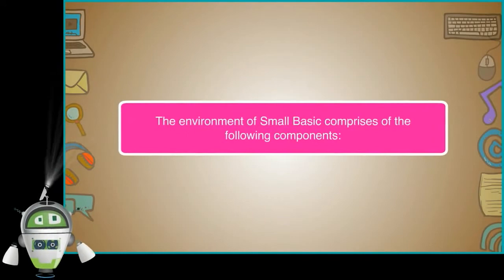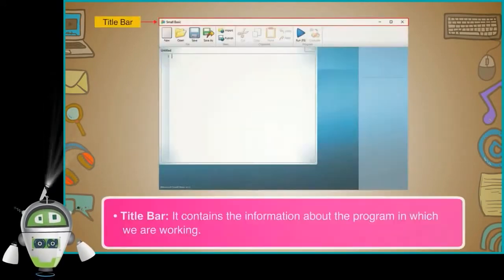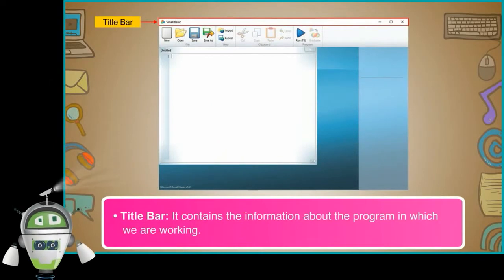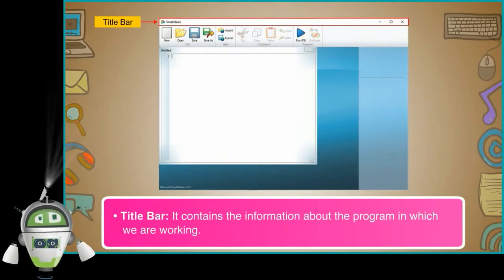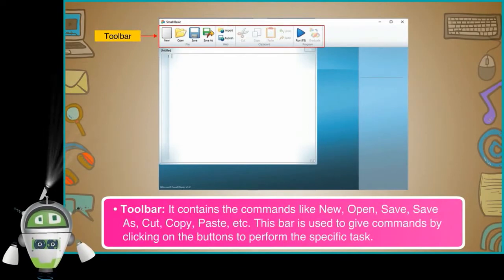The environment of Small Basic comprises of the following components. Title bar. It contains the information about the program in which we are working. Toolbar contains the commands like new, open, save, save as, cut, copy, paste, etc. This bar is used to give commands by clicking on the buttons to perform the specific task.